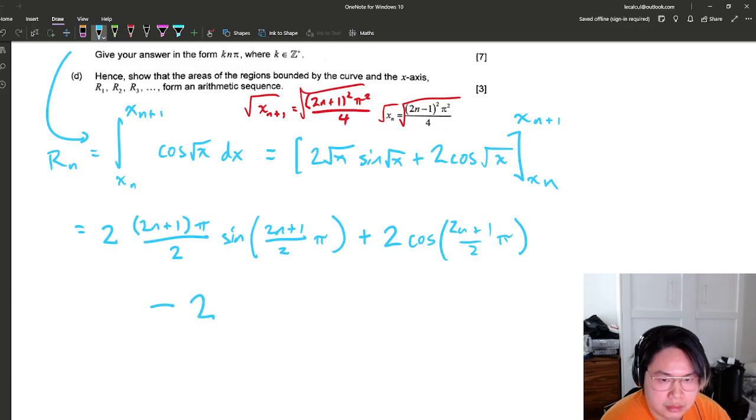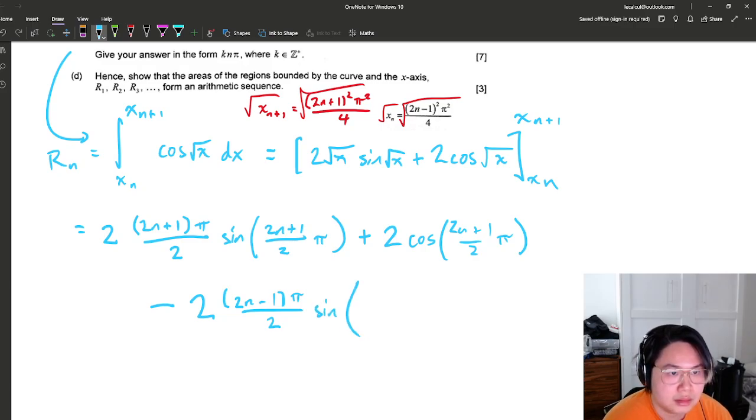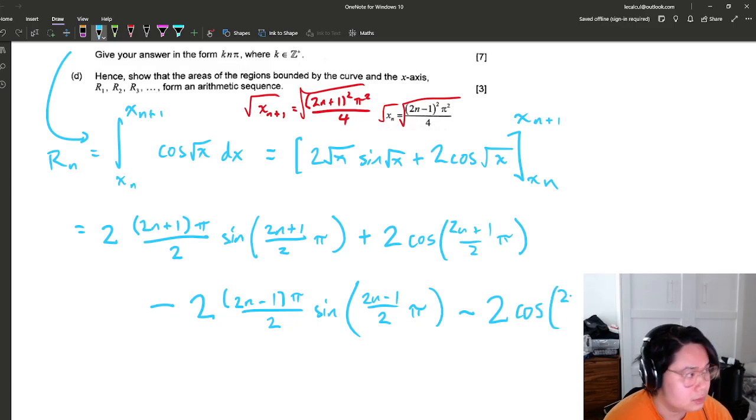So this is 2 square root of xn. Damn, this is pretty nasty. 2n minus 1 over 2 pi, minus 2 cosine 2n minus 1 over 2 pi.